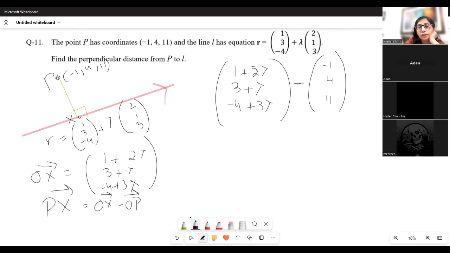So it's going to be 2 plus 2 lambda, minus 1 plus lambda, minus 15 plus 3 lambda. So let me take it again.